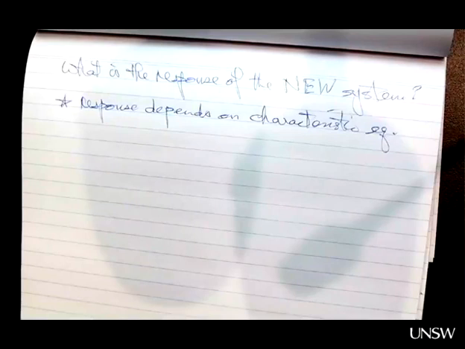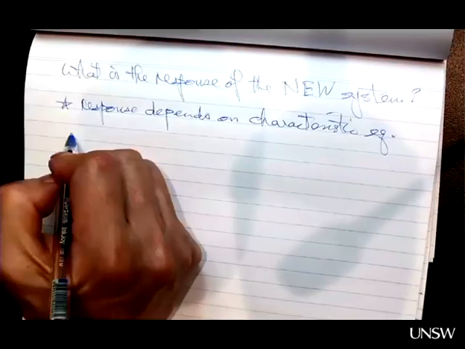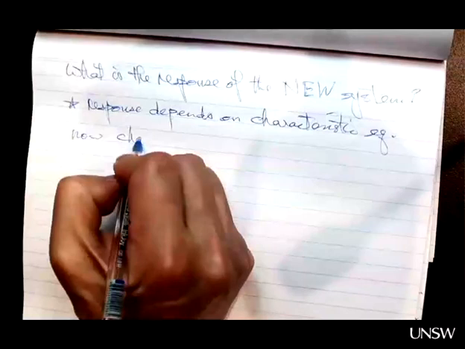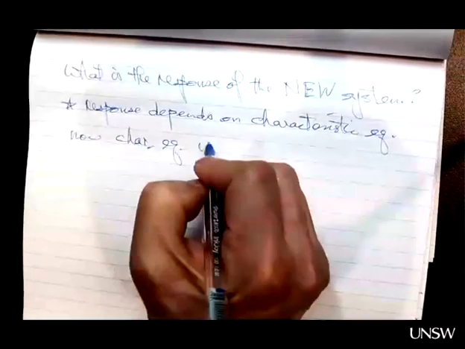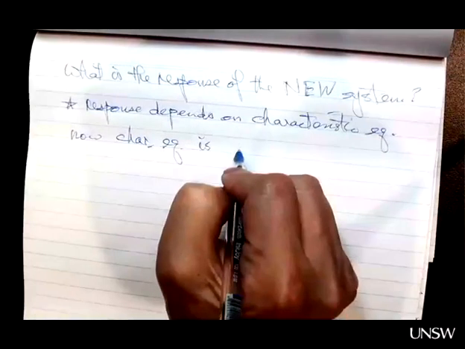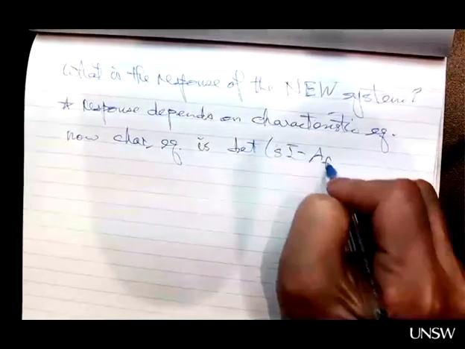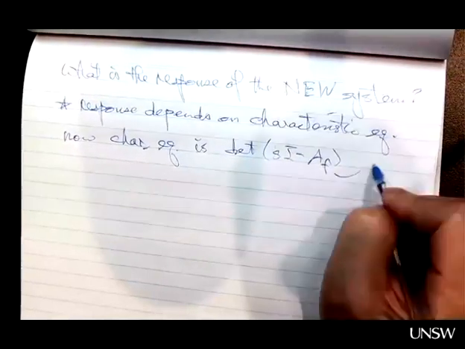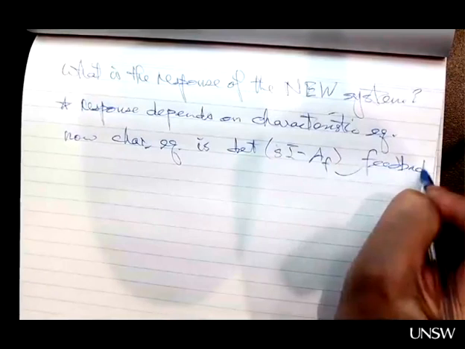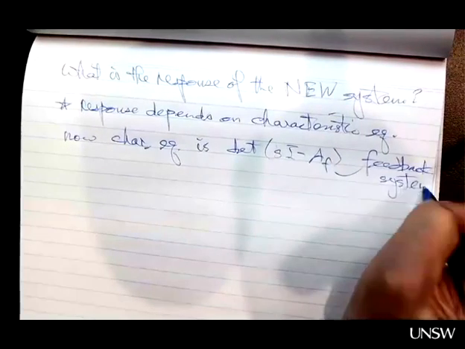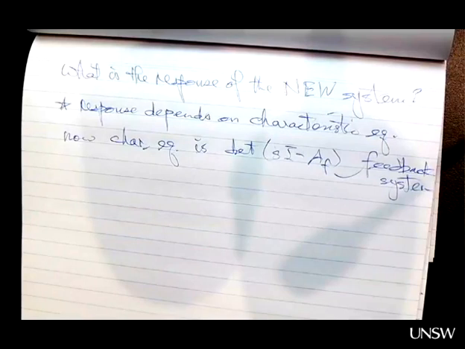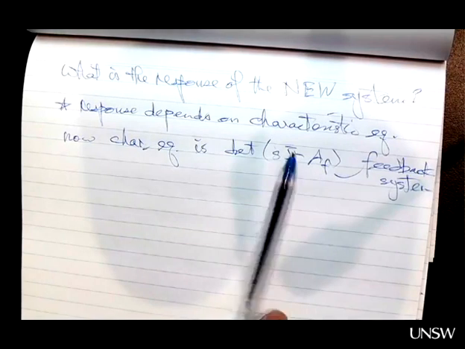Now the characteristic equation is the determinant of sI minus AF. Okay, this is the feedback system. Okay, agree with it. The system response depends on the characteristic equation, and the characteristic equation is the determinant of this matrix containing the feedback system.